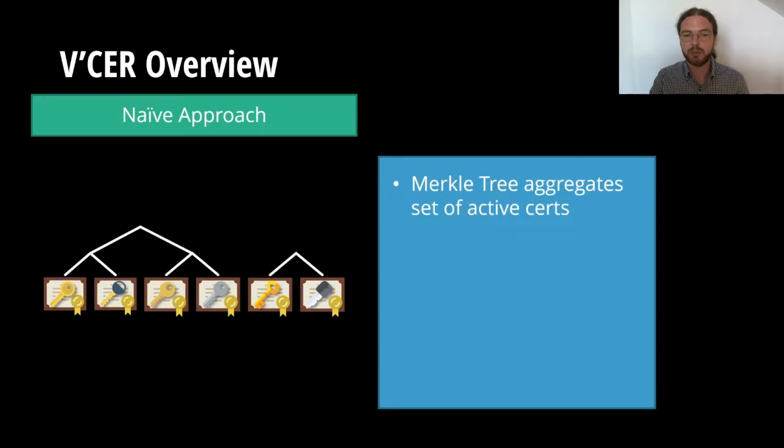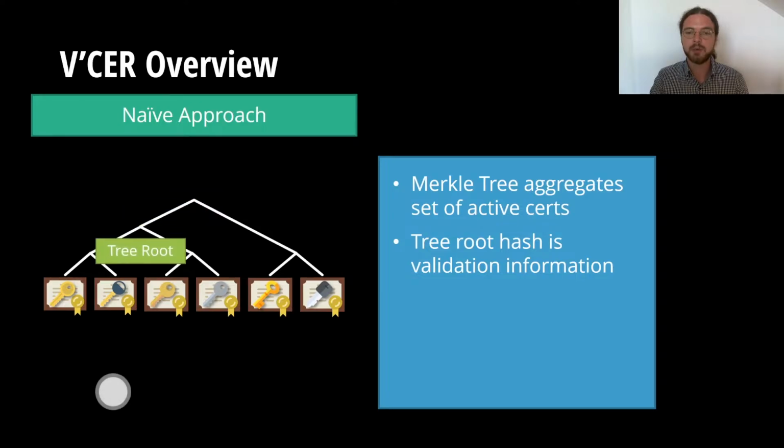So, if we look at the naive approach to the CER way of doing things, if we have a set of active certificates, we can represent this as a Merkle tree, because we can take the hashes of the certificates and then concatenate these hashes. So we get a binary tree, and we get a tree root hash that represents all active certificates, which means certificates that are not revoked.